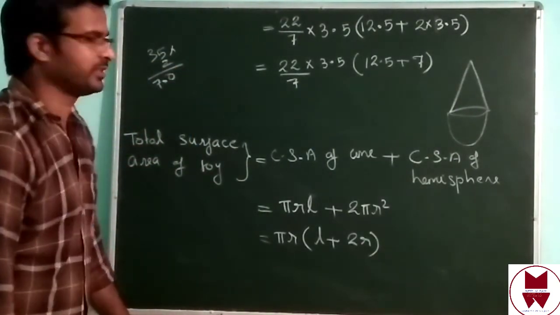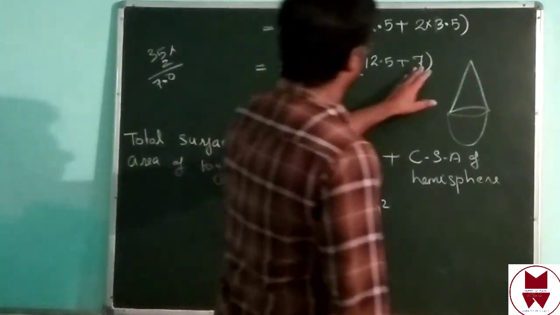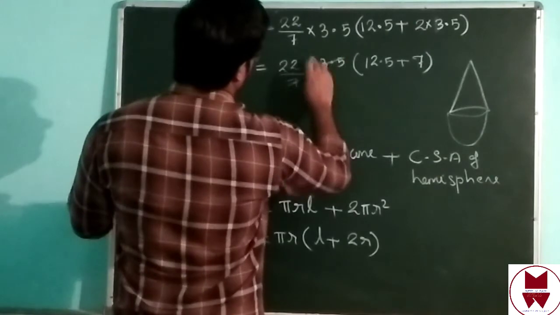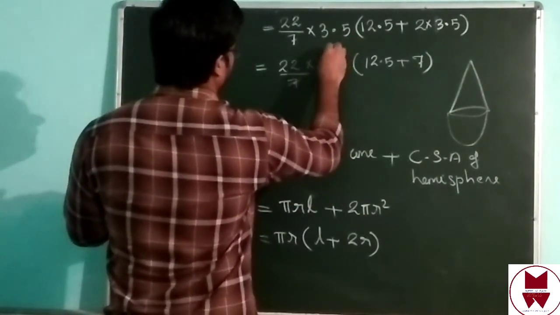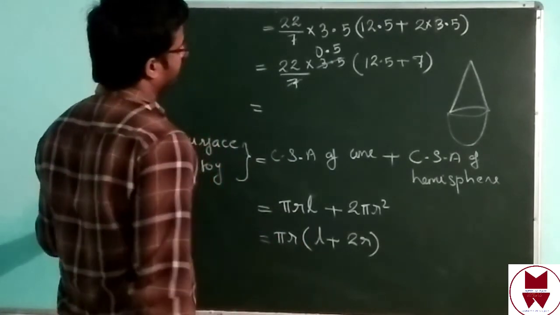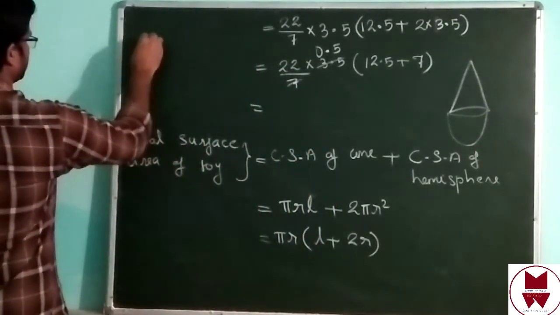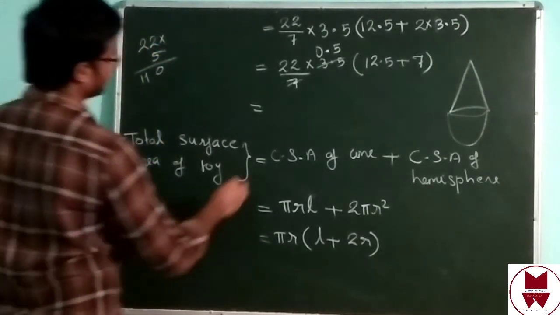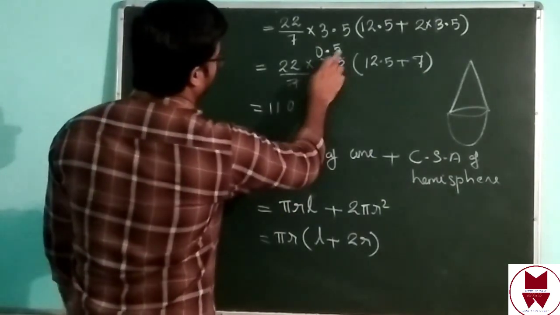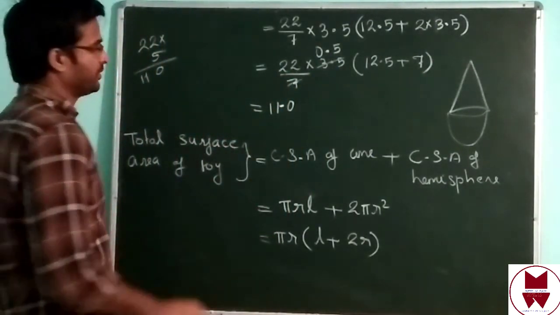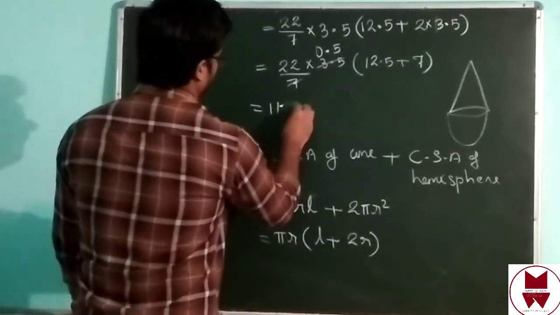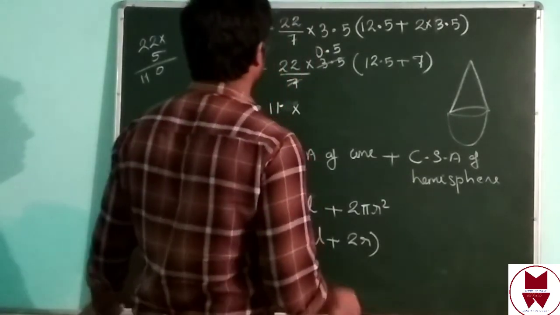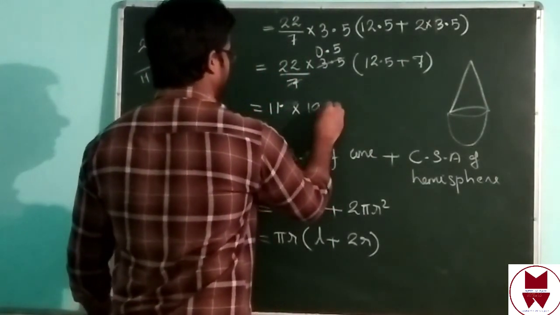That means 7.0, which means 7. Then we can cancel this 7. Cut it. We'll get 35. How many times 7? 5 times, isn't it? That's 0.5. Then multiply 22 into 0.5. 22 into 5, 110. Then after point, one number. You'll get 11.0. 11 into 12.5 plus 7, that is 19.5.